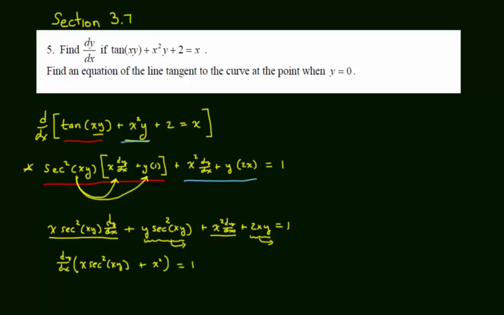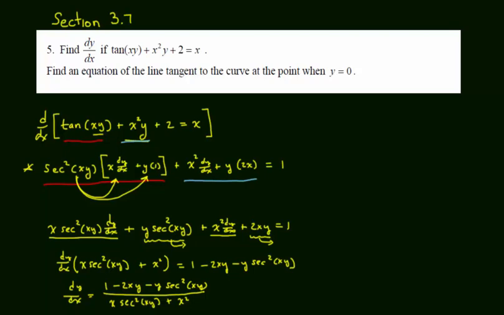So that's going to equal 1 minus 2xy minus y secant squared xy. Our last step here is to get dy/dx by itself. So I am going to divide that entire quantity to both sides, and show that here, divided by that. So that's dy/dx.